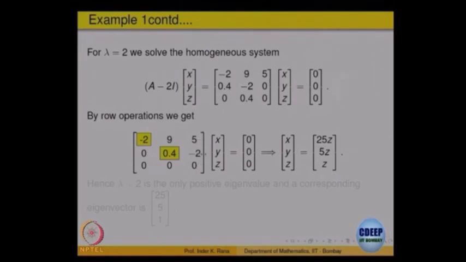You give z an arbitrary value, find y in terms of z from this equation, put back the value, and you get the value of x. So, it comes out equal to this. You can take z out, which is a scalar, times 25, 5 and 1. So, that is an eigenvector for the eigenvalue lambda equal to 2.